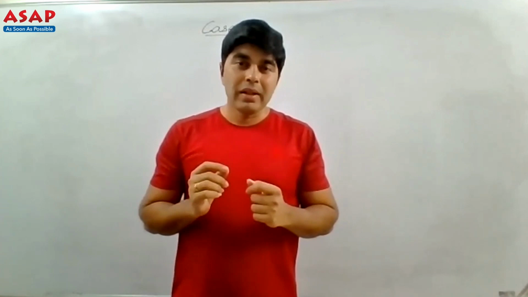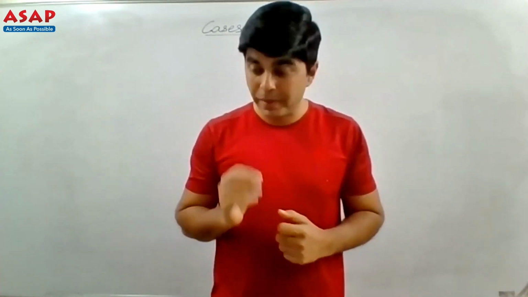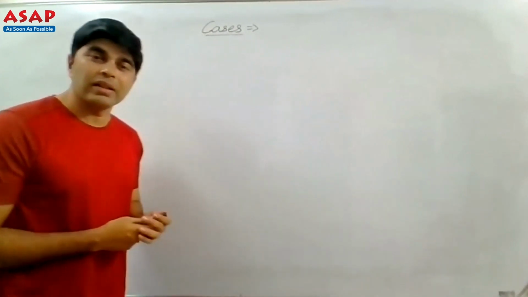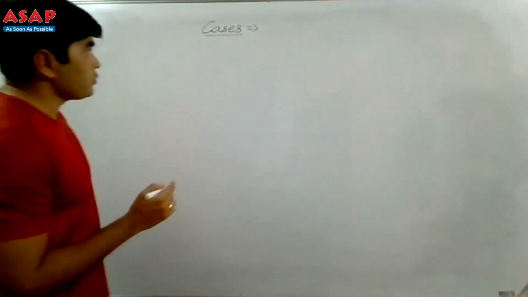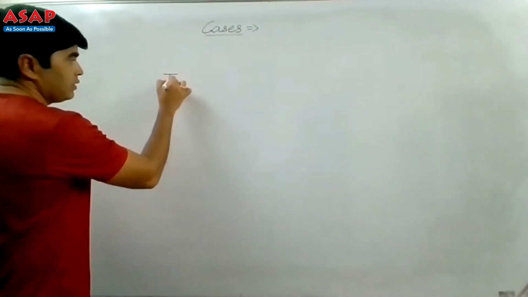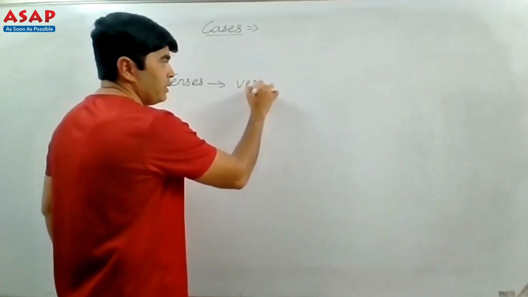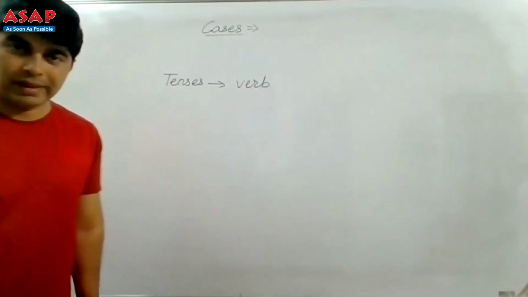Okay. So when we say cases, cases are related to which part of the sentence? Whenever we say tenses, tenses are related to which part of the sentence? Mainly we pay attention to the verb, right?